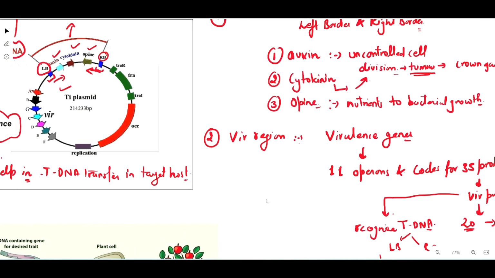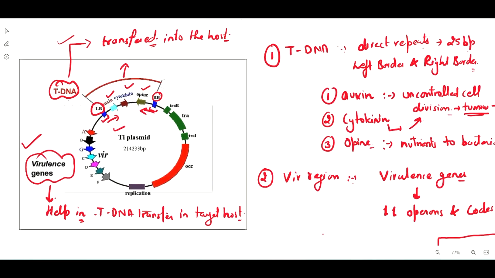As you see in this image, the tDNA region is incorporated with our gene of interest, and the same natural mechanism is used for the transfer of different types of genes.